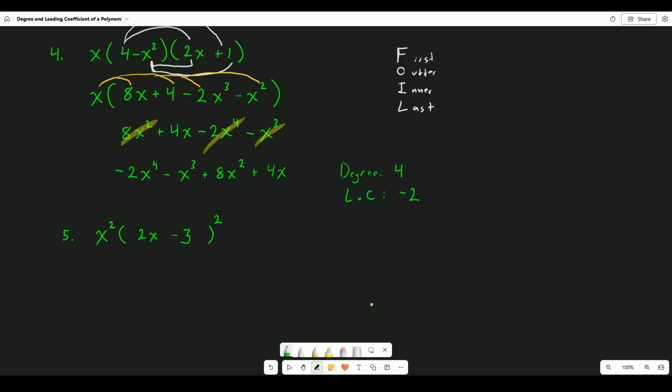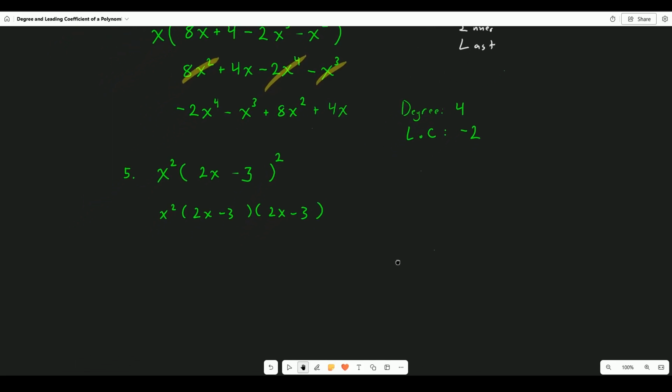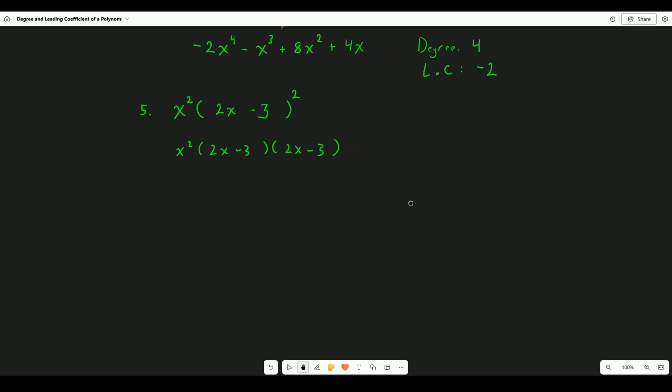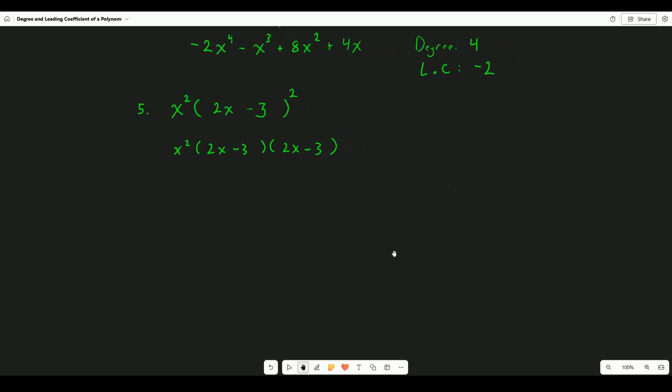So first thing I'm going to do is rewrite this in such a way that it's expanded. So 2x minus 3, because it's squared, I'm multiplying it again by itself. There we go. I'm going to move it up so I have room. All right.